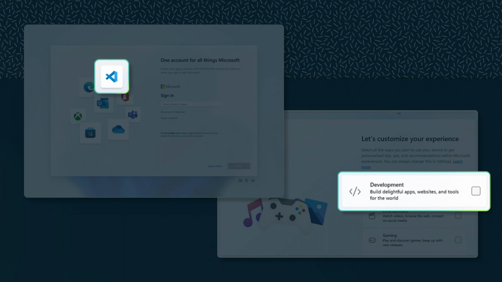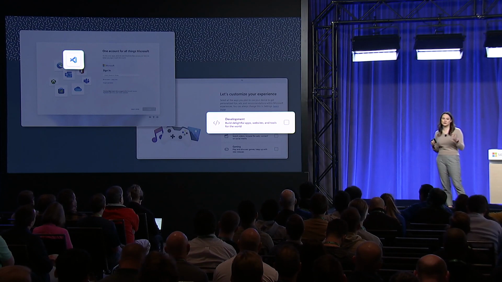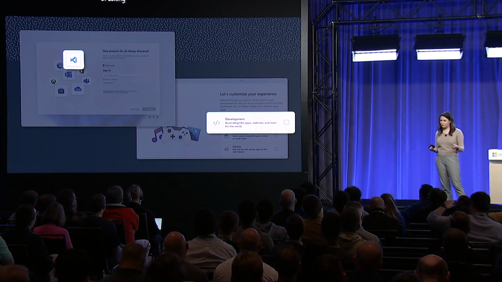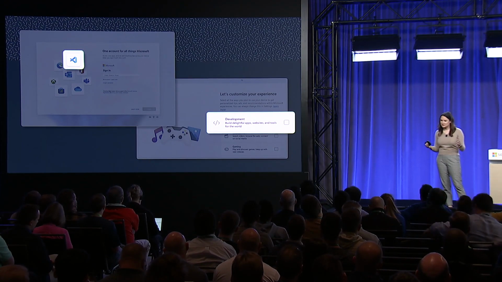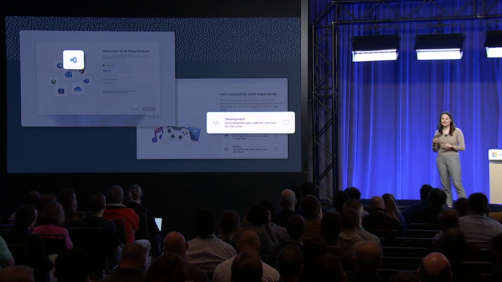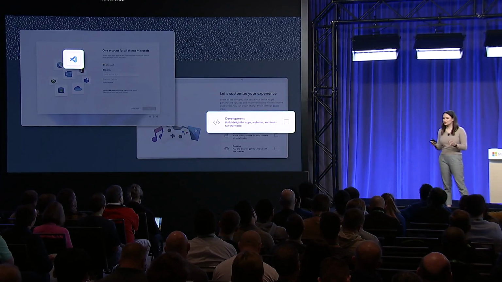So when you open your machine and it's asking what you are going to use this machine for, we've got this development checkbox. It's going to automatically install DevHome for you, which is going to be awesome. We really want to help you expedite your setup process here. And we'd also love to know, what are some other things that you would like to have enabled or installed by default when you click this checkbox so that we can help you get into that inner loop of your code development as quickly as possible.